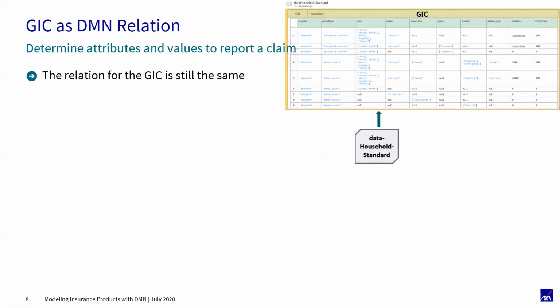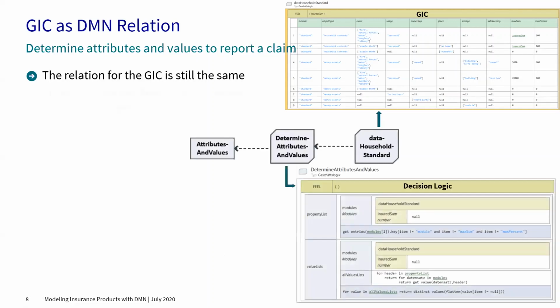And in this use case, we want to determine the required information to report a claim. This is the same relation and business knowledge model as from the slide before, so we can reuse them. And now the decision logic and the data describing the terms and conditions are separated.